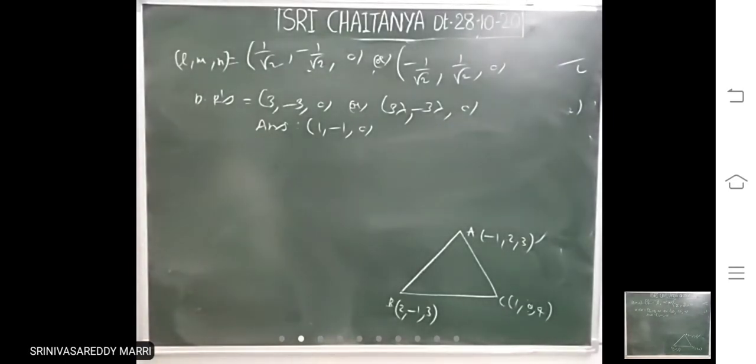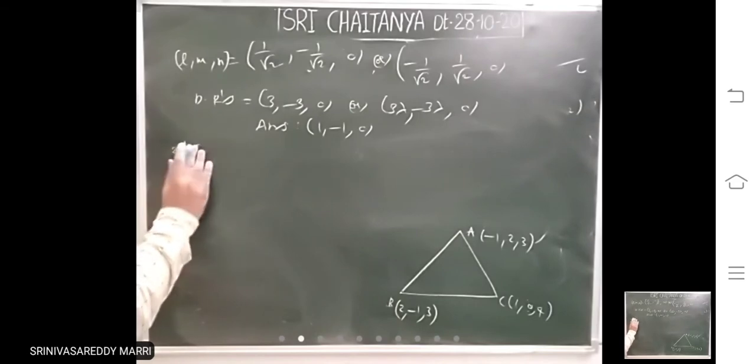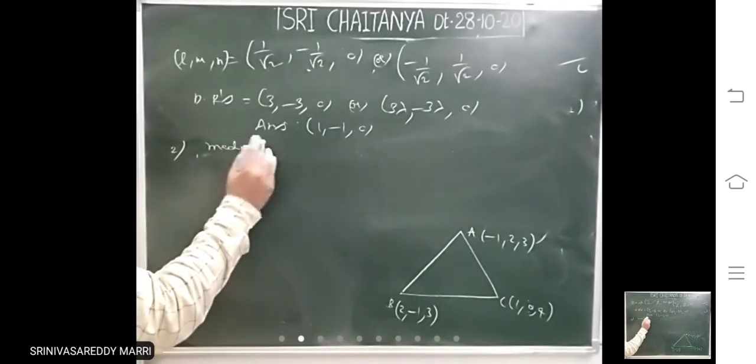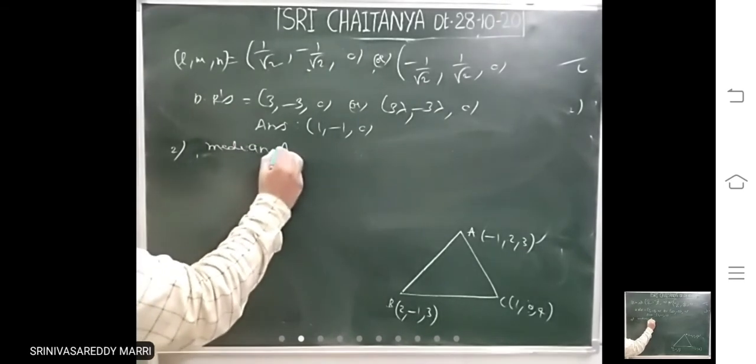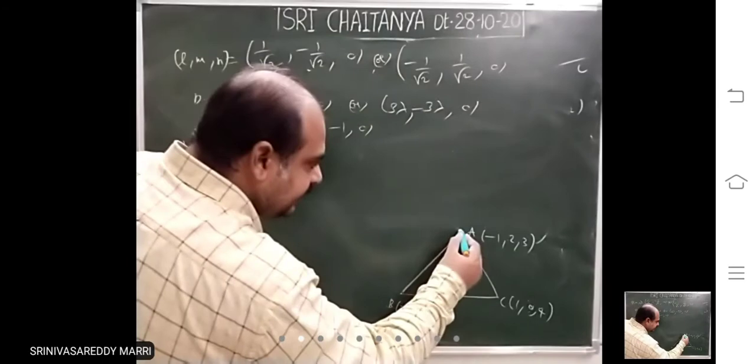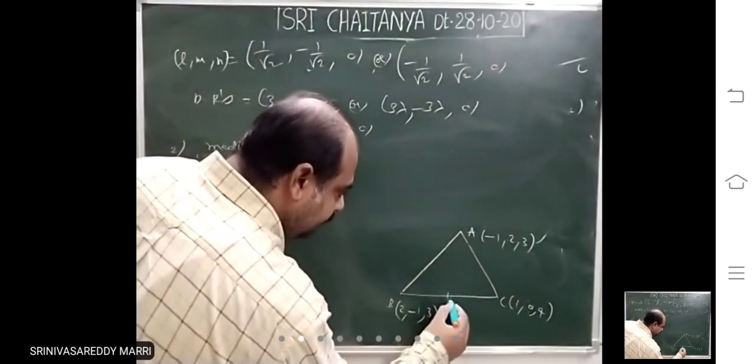Suppose the second question: for the median AD, you have to calculate the DRs and DCs. Median AD means connect to the midpoint.